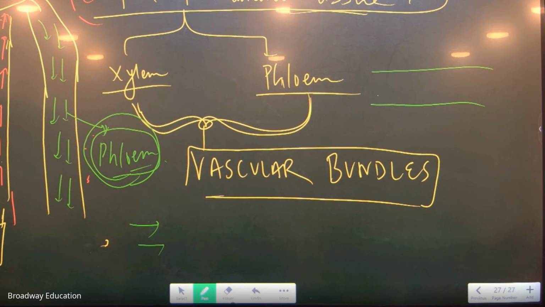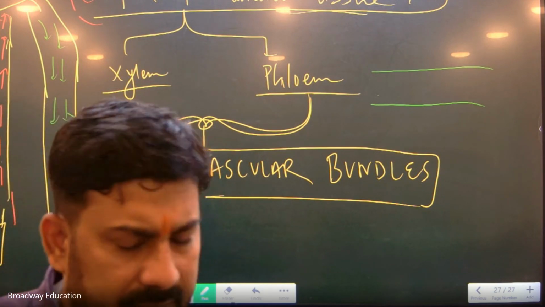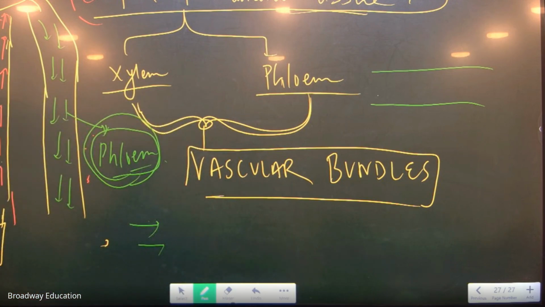In the bracket, you can write like leaves. Clear? Different photosynthetic parts of the plant, like leaves.